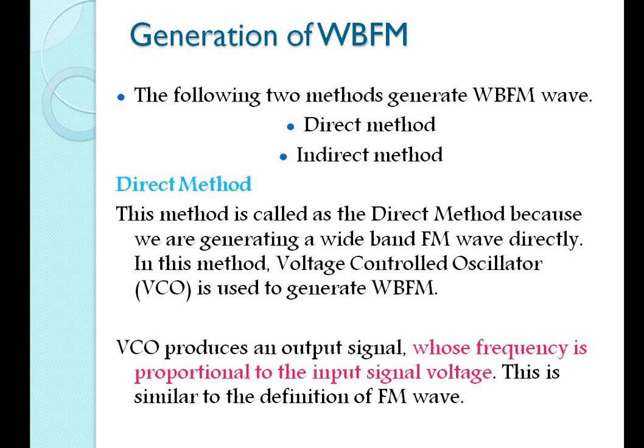That is why we say that VCO produces an output signal whose frequency is proportional to the input signal voltage. This is similar to the definition of a frequency modulated wave. I hope you are clear with the direct method, which just has a VCO generating the output signal.